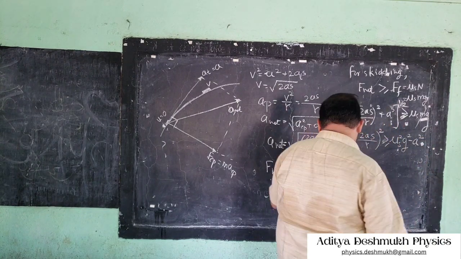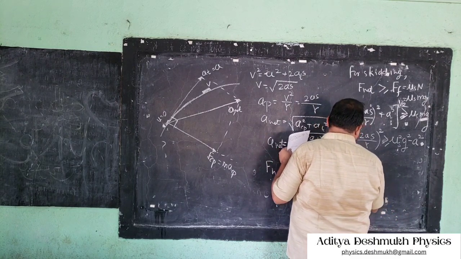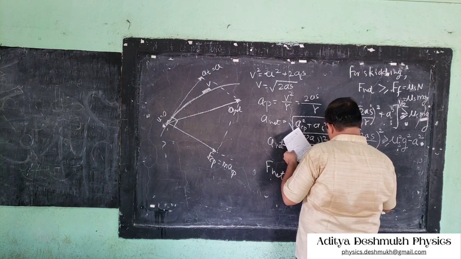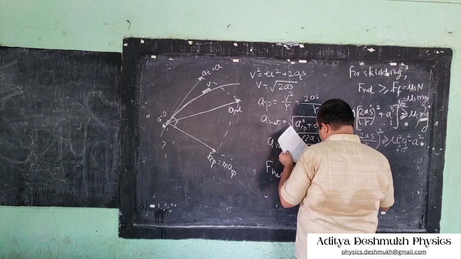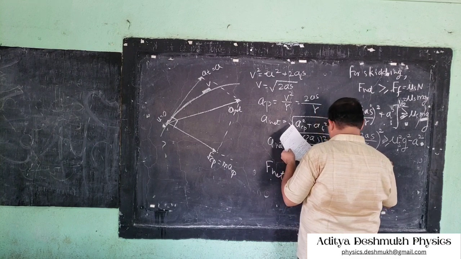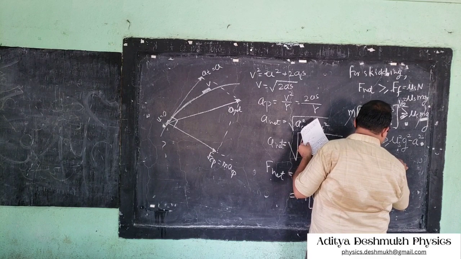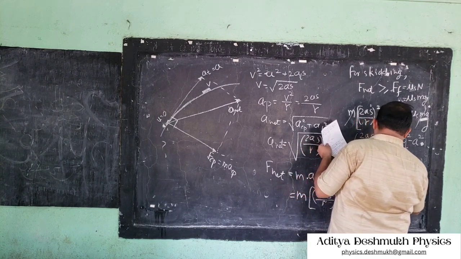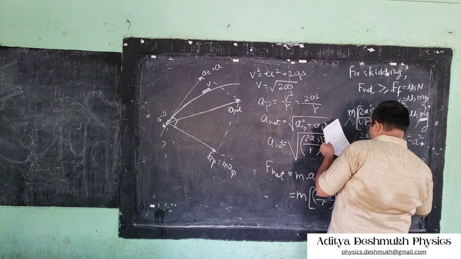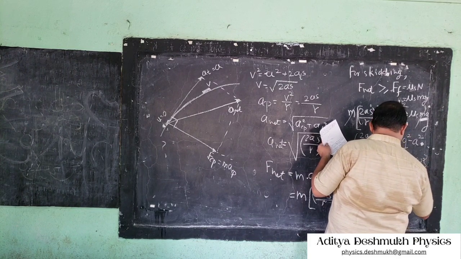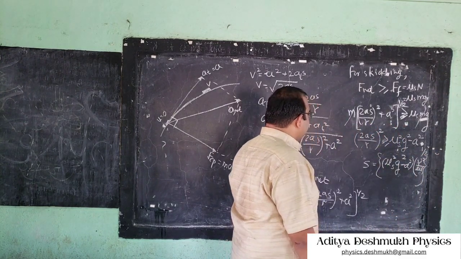And if I rearrange this to find s, I will get s equal to ((mu_s square g square minus a square) into r square upon 4a square) raised to 1 by 2. This will be my limiting value of s.